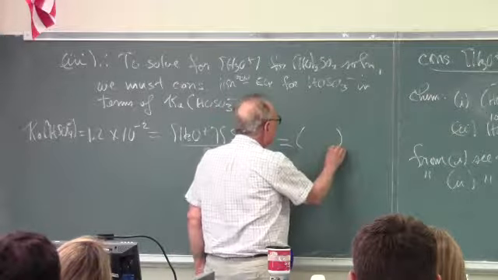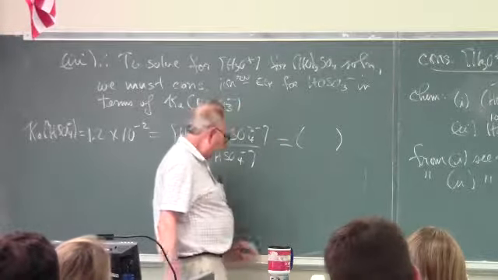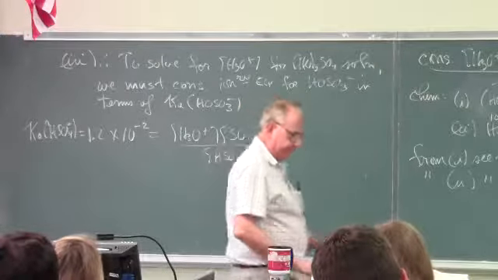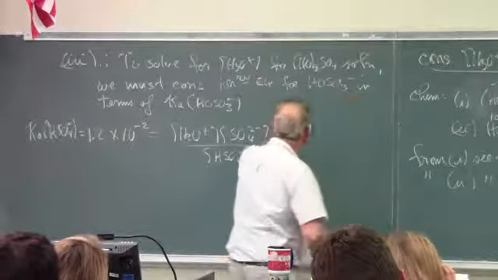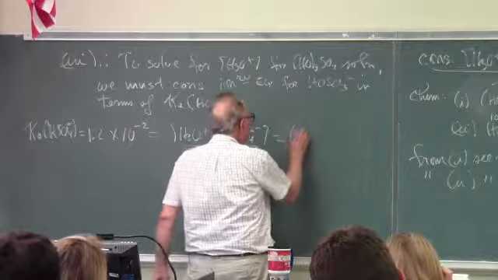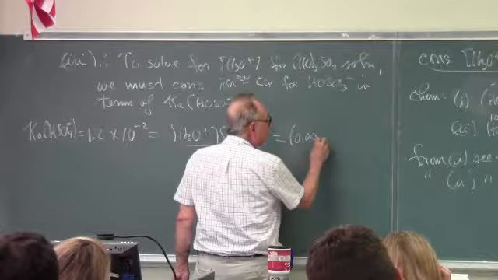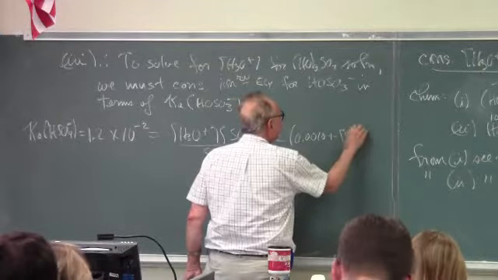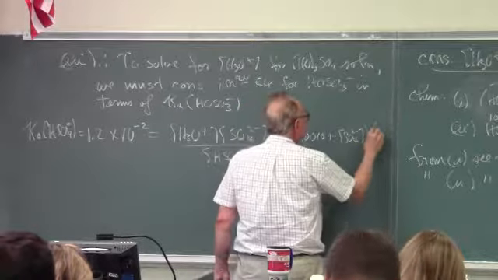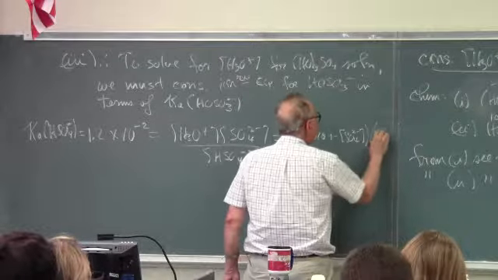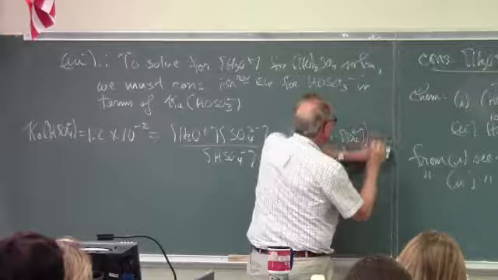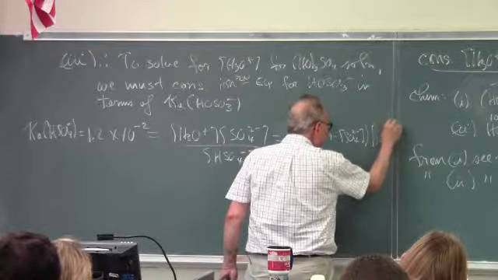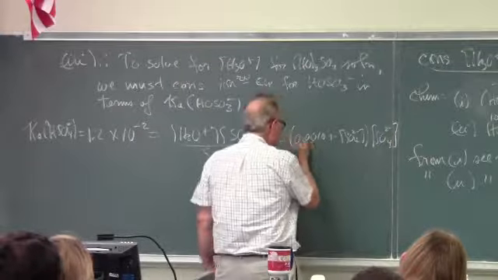Now, for this sulfuric acid solution, let's write 0.0010 plus sulfate ion. This is sulfate ion.